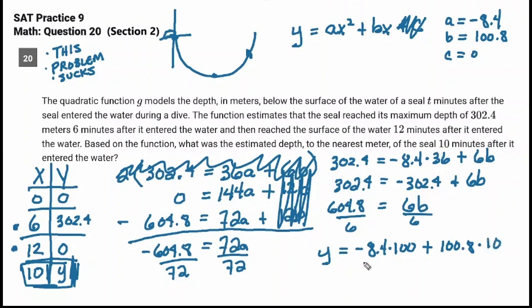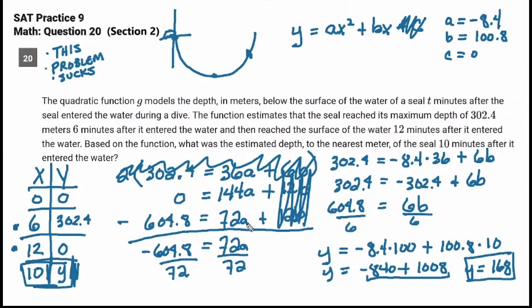Negative 8.4 times 100 is negative 840. 100.8 times 10 is 1008. You're going to do this math on your calculator, and at last, after running out of room, you're going to get y equals 168. And that's the answer, 168.